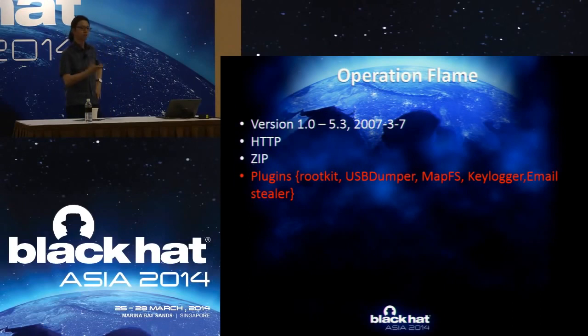So the communication protocol is HTTP with zip files passed around. And it has an architecture with plugins. So it has a rootkit, USB dumper, mapfs, keylogger, email stealer.